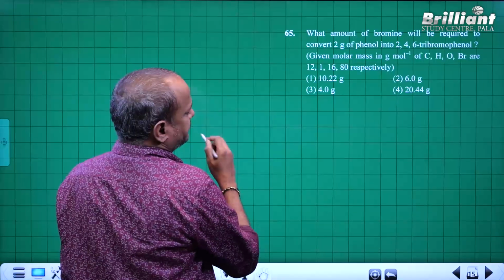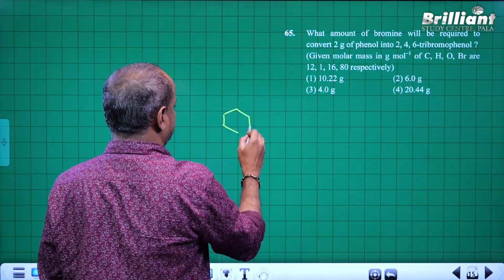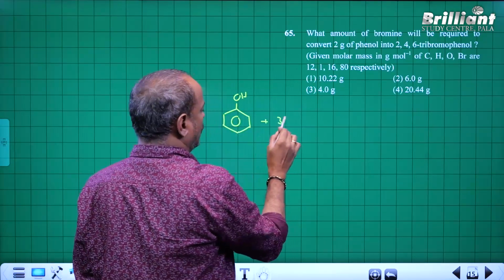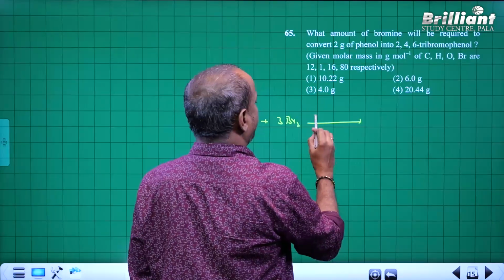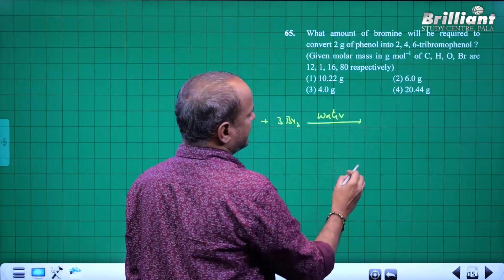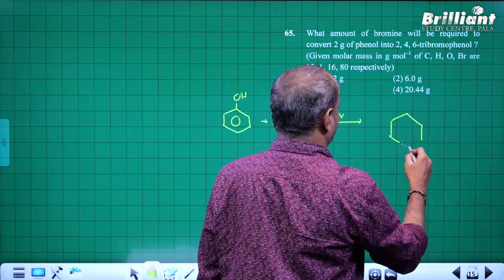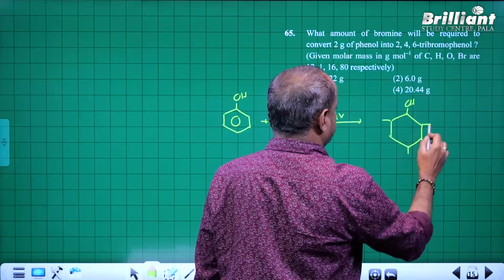Now, phenol plus bromine water gives 2,4,6-tribromophenol.